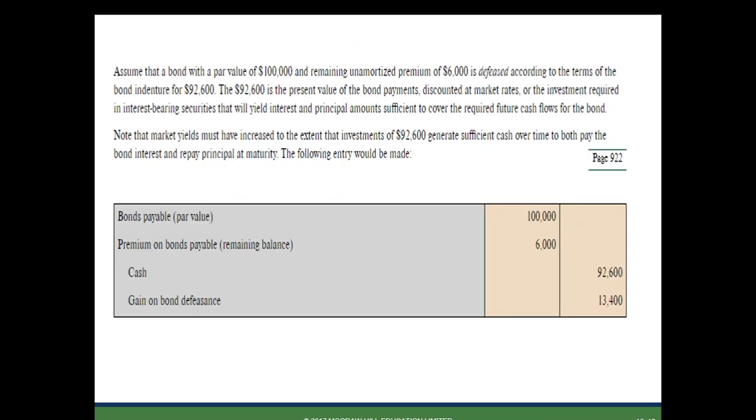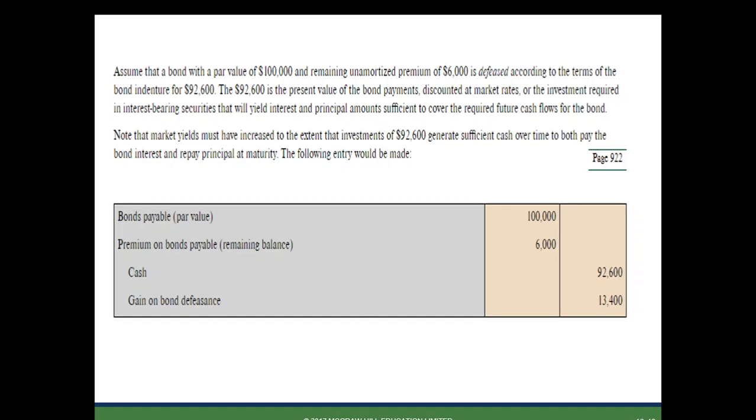So for example, and again, I pulled this from your textbook to show the example. We assume that a bond with a par value of $100,000 and remaining unamortized premium of $6,000 is defeased according to the terms of the bond indenture for $92,600.